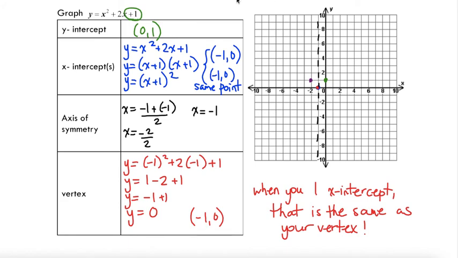So I'm going to just go ahead and sketch this in here. That was really terrible. I didn't want it to be so big. Okay, I'll try to use a different color. There we go. So there's my parabola.